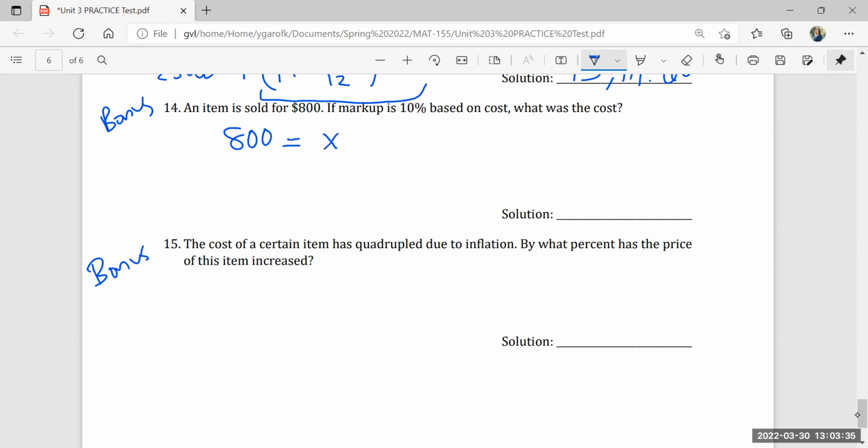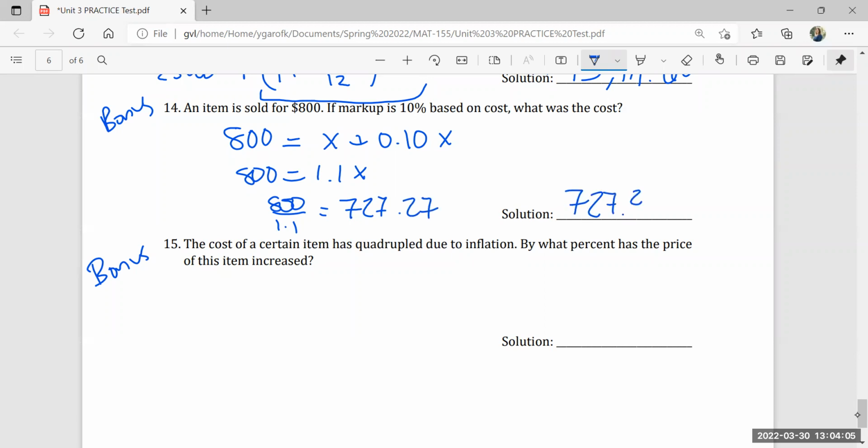So X plus 0.1 X. So 800 is going to be 1.1 X. So 800 over 1.1 is going to give us $727.27. That was the original cost.